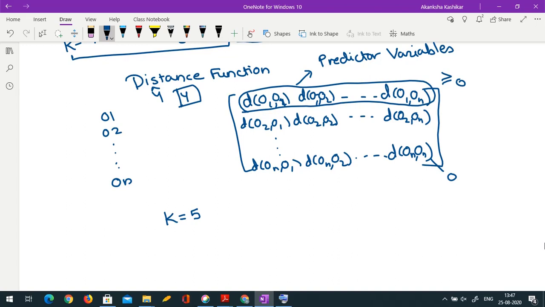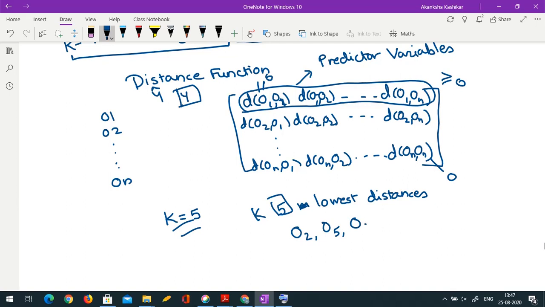In this first row I know this entry is 0, so I'll ignore it, but from the remaining entries I would see which are the 5 lowest or smallest entries. Why 5? Because I am taking k equal to 5. So basically I have to talk about the k lowest distances. Suppose observation 2, observation 5, observation 18, observation 7 and observation 9. These 5 are the lowest distances.